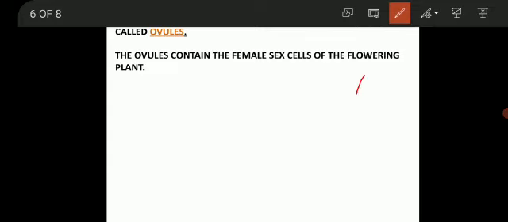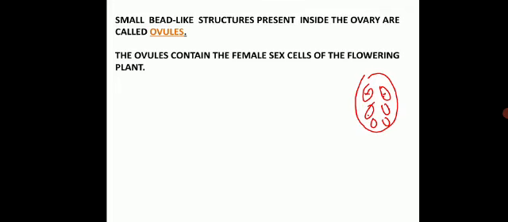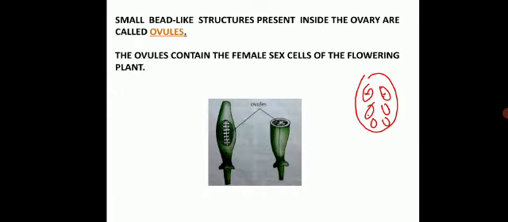Now, if you see the ovary, it has small bead-like structures which are the ovules, and the ovules contain the female sex cells in case of the flowering plants. So this is the structure of the ovules.